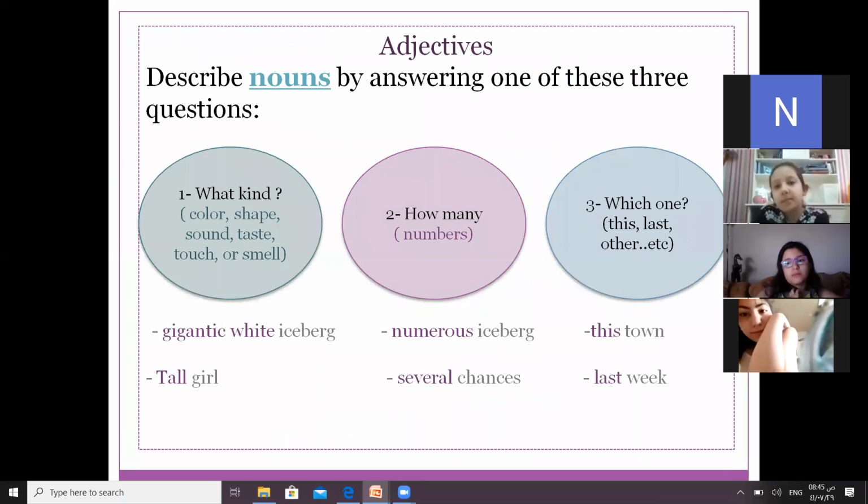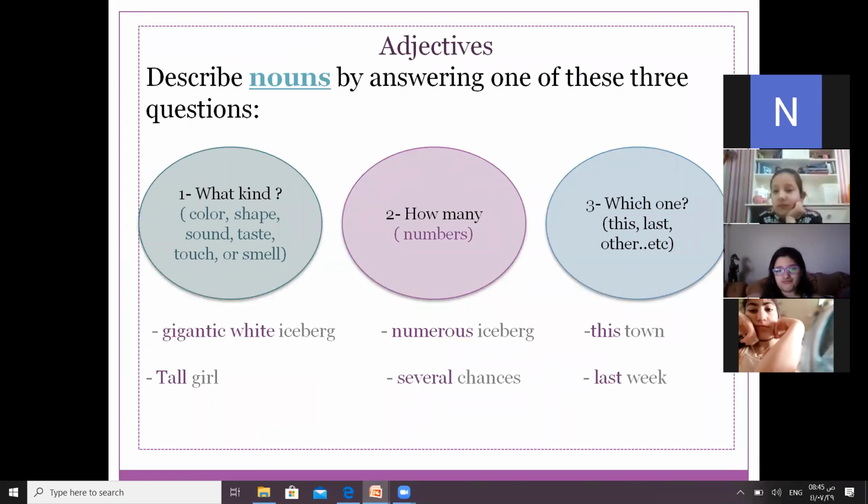Now, girls, when we want to talk about adjectives, we describe nouns by answering one of these 3 questions. What kind?